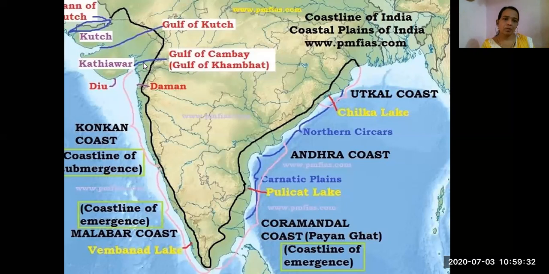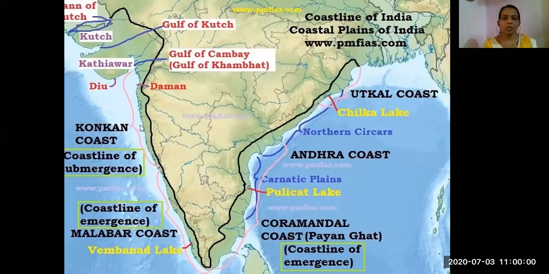So the western coast is divided into three parts. First of all, understand the western coast is lying between the Arabian Sea and the Western Ghats. This is a very narrow strip. This western coastal plain is divided into three parts: first north, then middle, and toward the south.